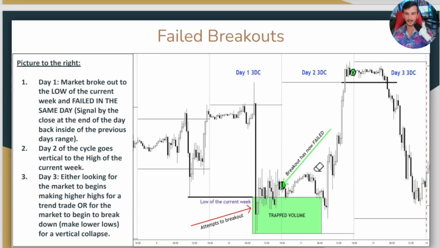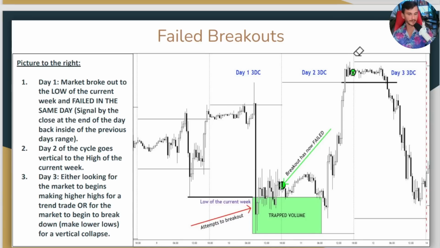So this picture to the right, we had a breakout and a day 1 of the 3-day cycle. Now this was also an outside day where they spiked both sides of the range. This is a very large decline. I want you to remember that. Very large declining day, and an outside day in general that has closed back on the inside of the previous day's range, followed by a vertical day on the next day. Day 1, day 2.